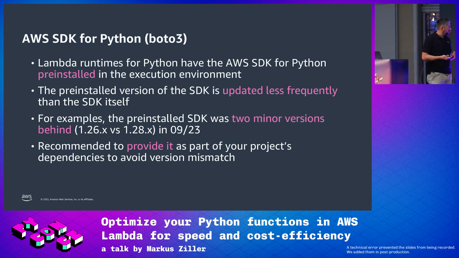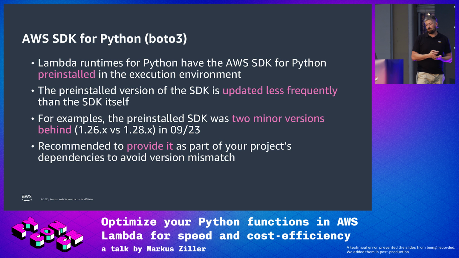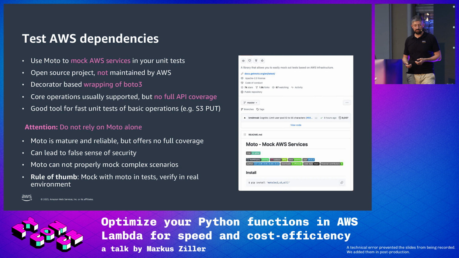As of today, we are 2 minor versions behind, which might not be a big deal, but at the end of the day, you can end up having different versions in your test environment and your dev environment than on the actual Lambda function. That's something you should typically want to avoid, so we recommend you provide this as part of your bundle.